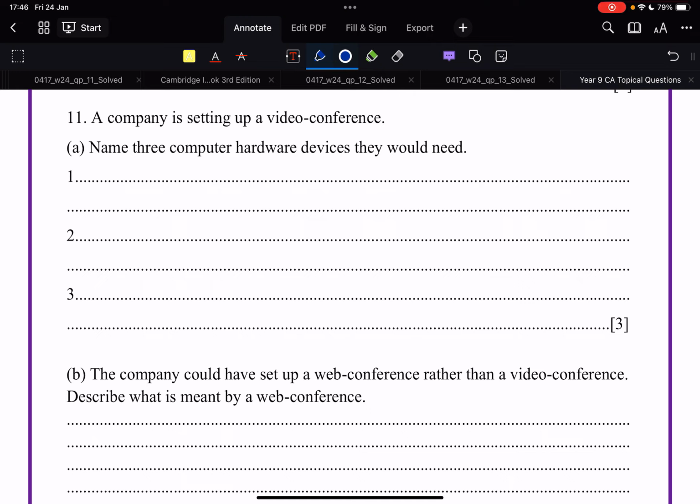Now, essentially, when we talk about video conferencing, it is a communication that uses both video and sound. So it has now become a substitute for face-to-face conferencing between a number of people who may be in different parts of the country. All right.